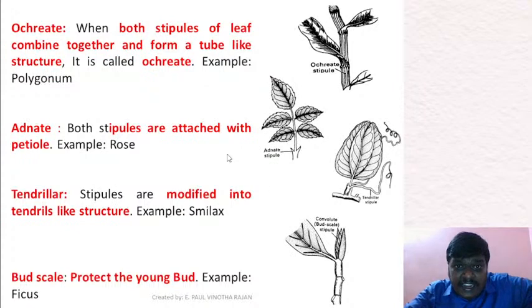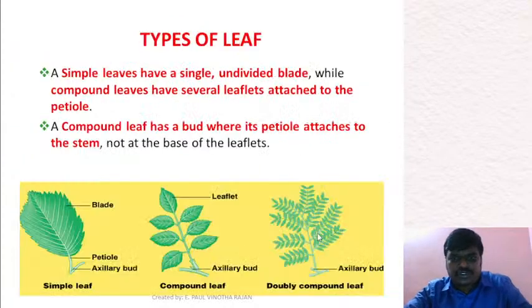And adnate: the stipules are attached with the petiole like this. It's called adnate. Tendrilar: the stipules are modified into tendrils. And when stipules are modified into bud scales, that's called bud scale. These are all different types of stipules.